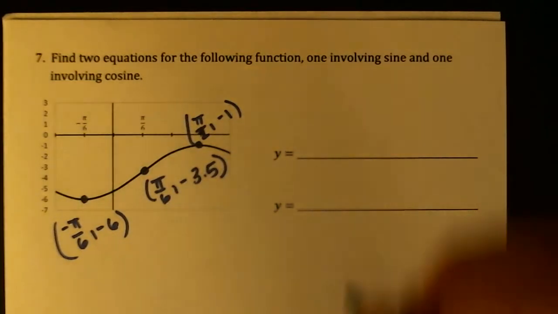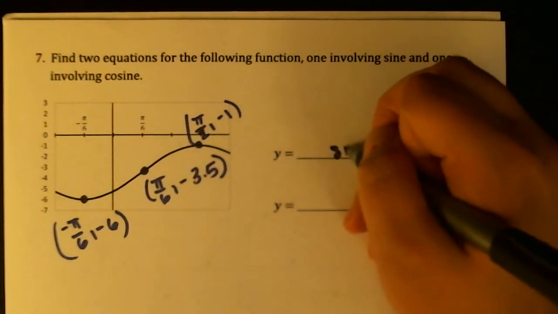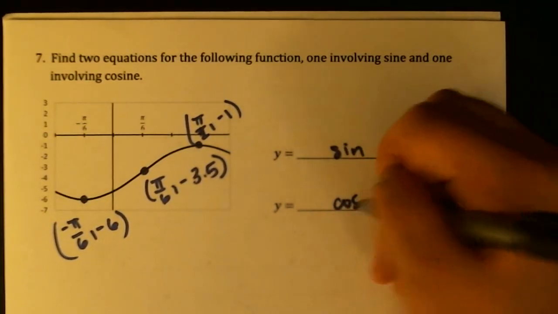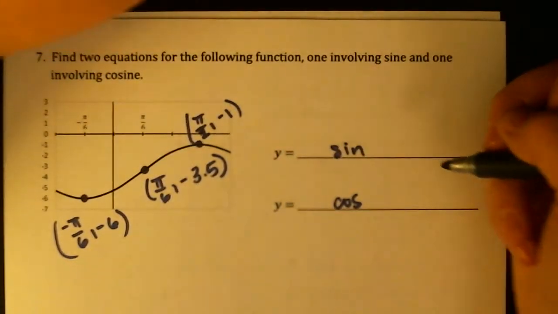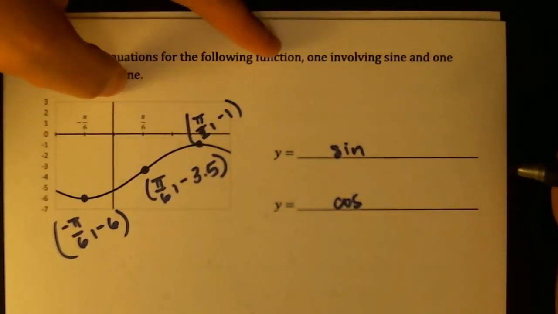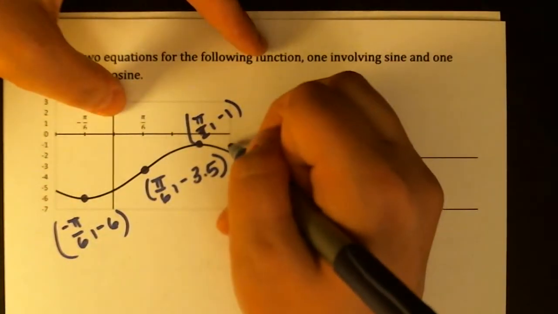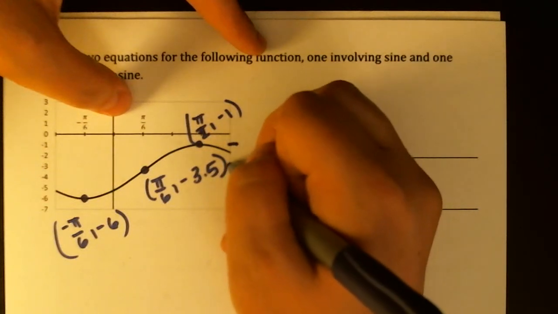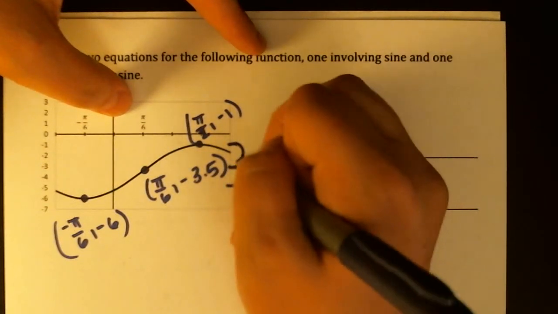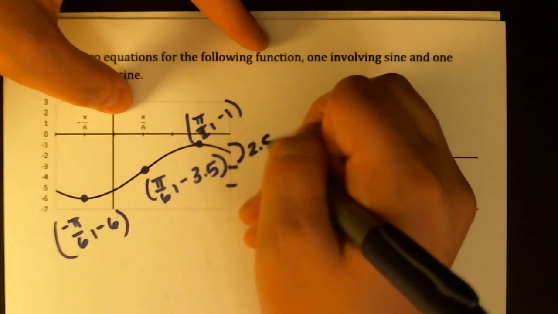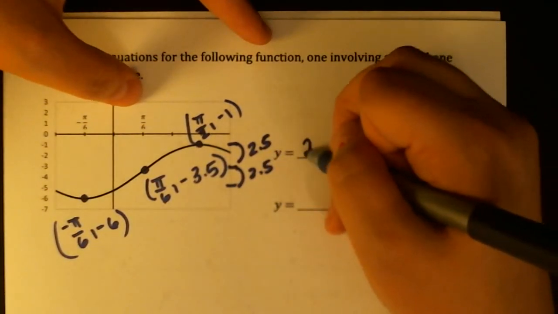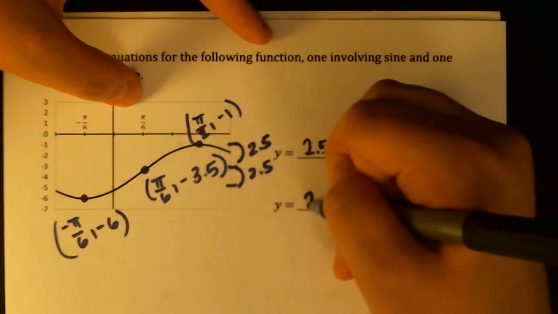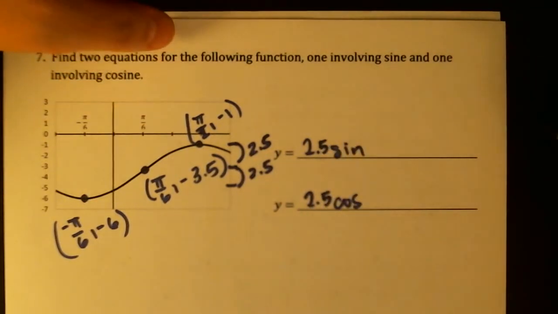Okay, so we're supposed to write two equations, one using sine and one using cosine. And there's going to be multiple correct answers in this. There's different ways to shift to line things up, so I'll just give you one example. We just said that the amplitude was 2.5, which means whether we're using sine or cosine, we need to do a vertical stretch by 2.5.